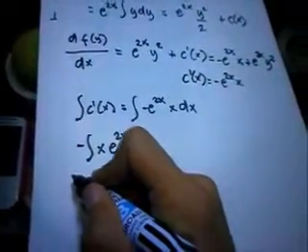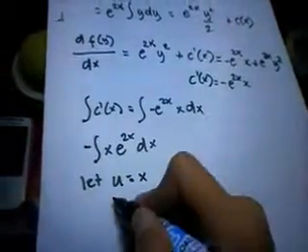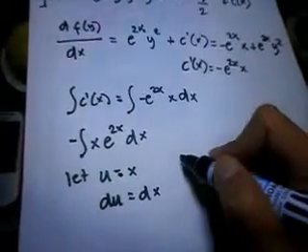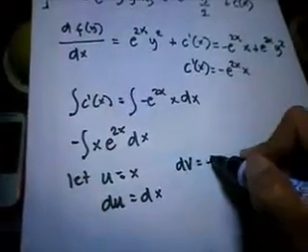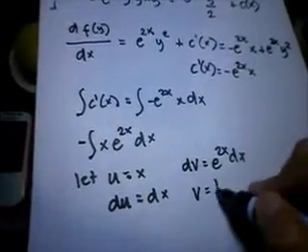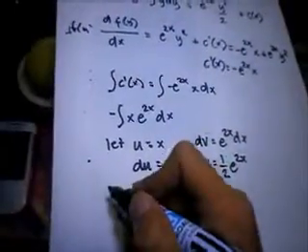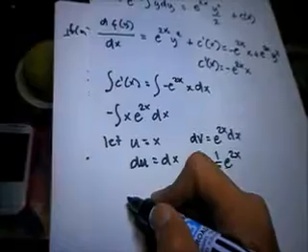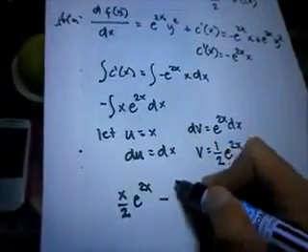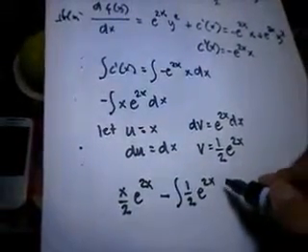So let u is equal to x, and we get du is equal to dx, and dv is equal to e to the 2x dx, and v is just equal to 1/2 e to the 2x. So uv, we have x over 2 e to the 2x minus the integral of 1/2 e to the 2x dx.